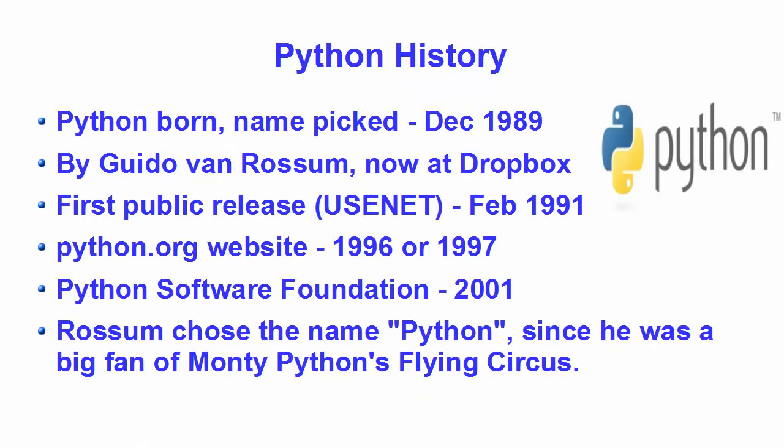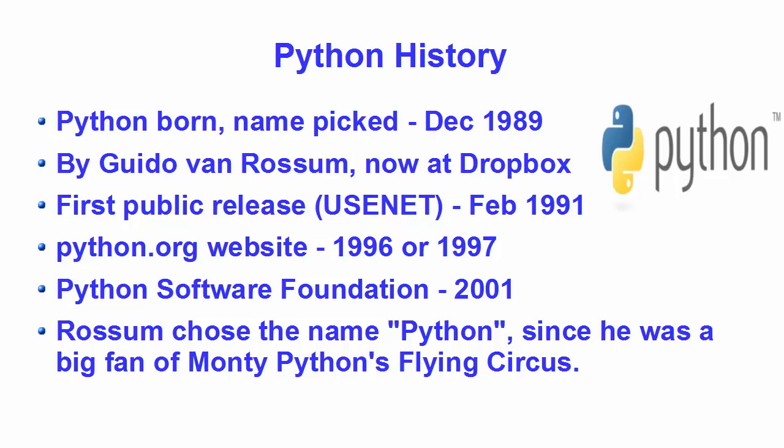Now let's talk about some history about Python. Python was conceived in the late 1980s and its implementation began in December 1989 by a developer called Guido van Rossum in Netherlands as a successor of a programming language called ABC.